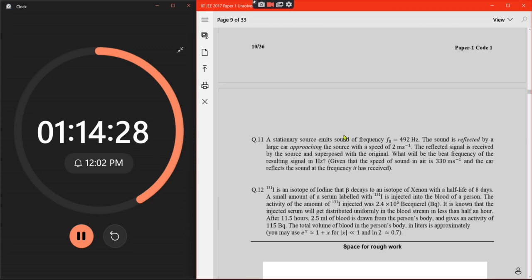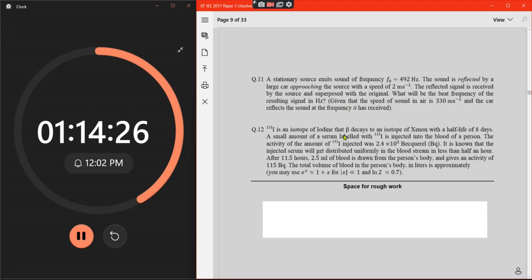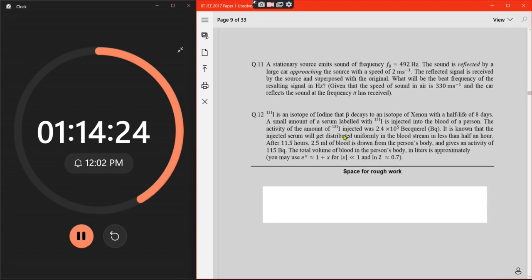11th. A stationary source emits sound of frequency f naught. The sound is reflected by a large car approaching the source with some speed. The reflected signal is received by the source and superposed with the original.